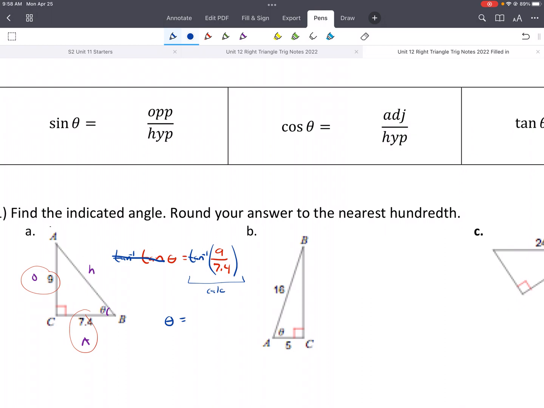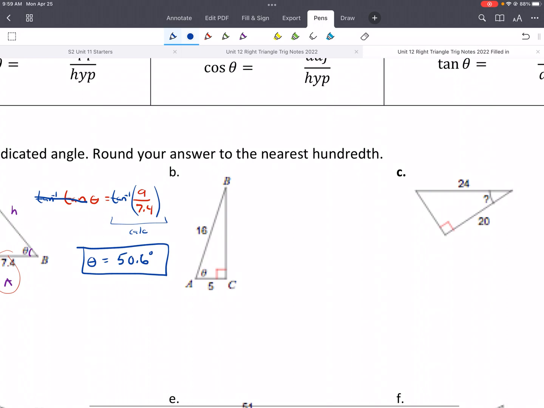I got 50.6. I know it says here round to the hundreds, but we'll just do 1 decimal place. And that's an approximation. We had to round.